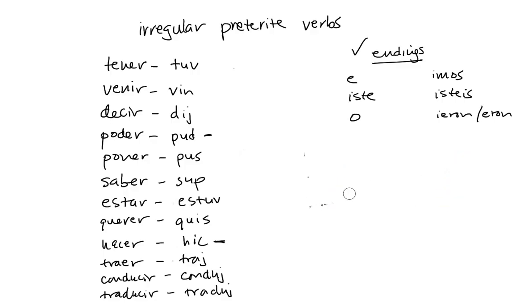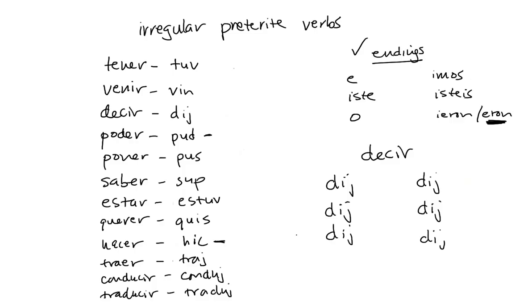Okay, we get those kind of slight spelling differences with a variety of verbs, not just the ones that have these irregular endings that we've seen. Let's mention this before we look at those other verbs, and that is that we have this alternate ending, eron. That is for verbs where the root ends in a j. For example, if we have the verb decir, the root is dij. And so adding these endings, we get dije, dijiste, dijo, dijimos, dijisteis.